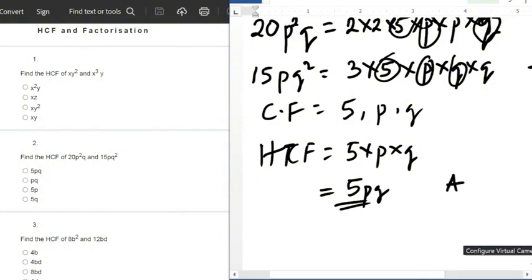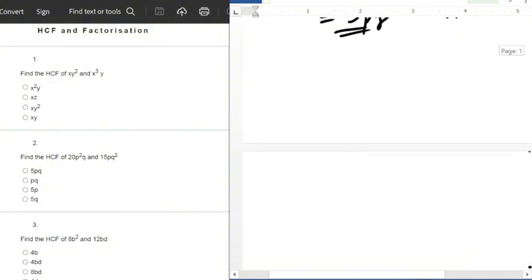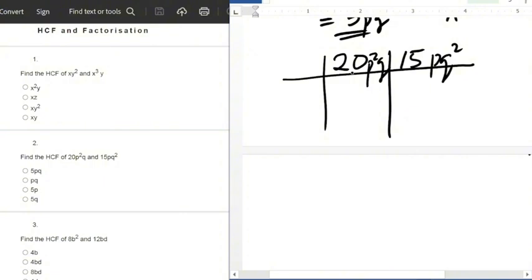If you want to use the other method, you still get the same thing. So let's try that out and see what we're going to have. We have 20p squared q and 15pq squared. What is common to 20 and 15 is 5.